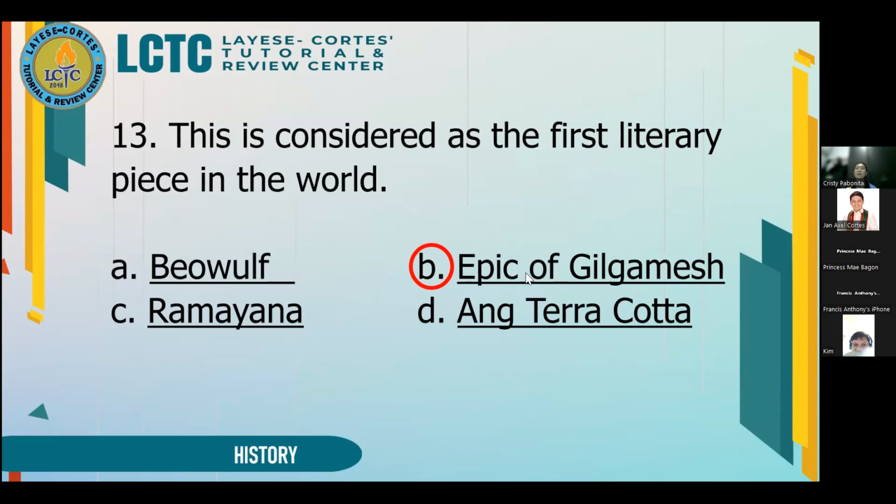It was written 1,500 years before Homer wrote the Iliad. Homer is one of the famous authors in the world. So before Homer wrote the Iliad, the Epic of Gilgamesh was already there. That's why it is considered as the oldest epic tale in the world.